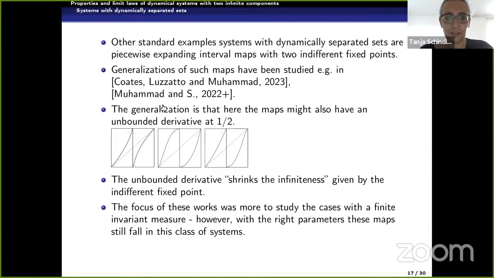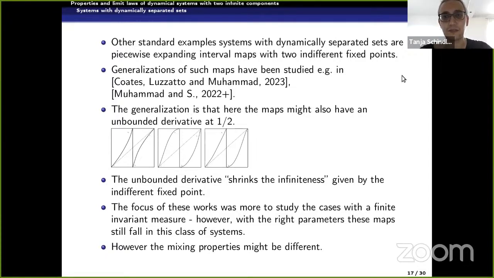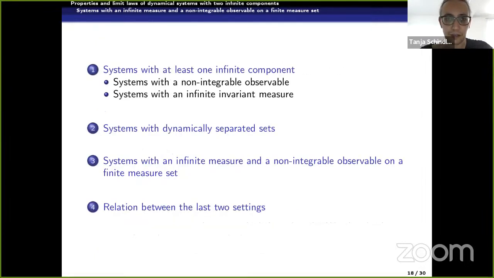And well, the focus of the works mentioned here is more on the finite measure case, but basically what's done there gives the basis to also look at infinite measure cases. And the mixing properties, compared to the standard piecewise expanding interval maps with an indifferent fixed point, for these maps might still be different. And then some of the limiting results studied before might be different.